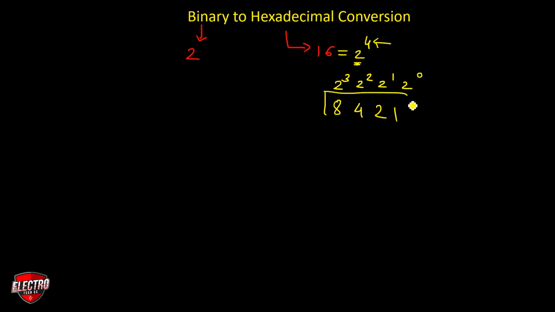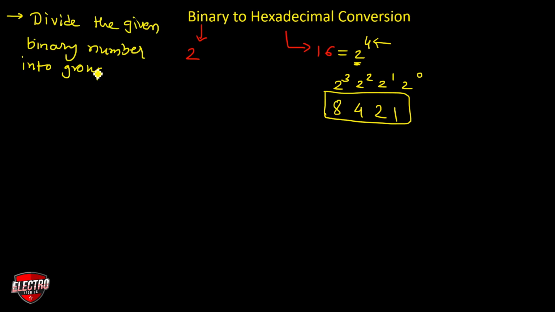So here is the code for conversion of a binary number system into hexadecimal number system. The first step to convert a given binary number into hexadecimal number system is to divide the given binary number into groups of 4 digits or bits.